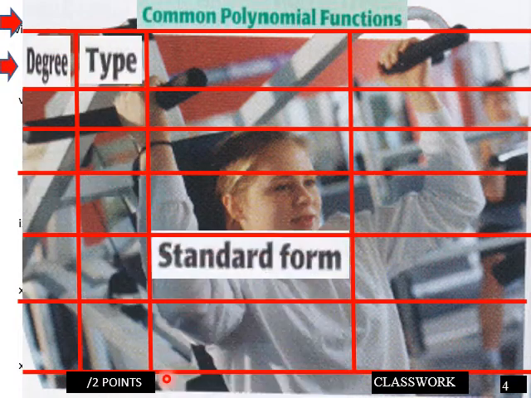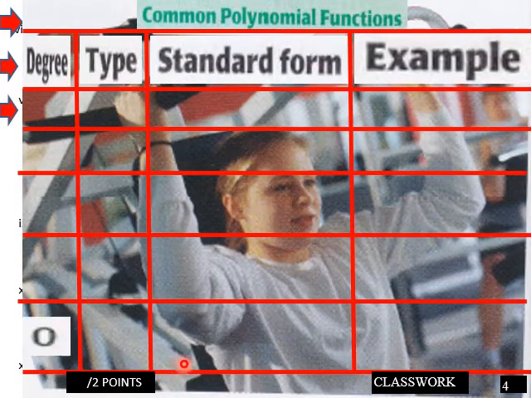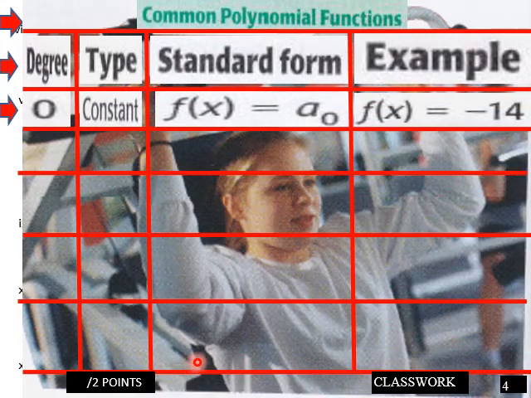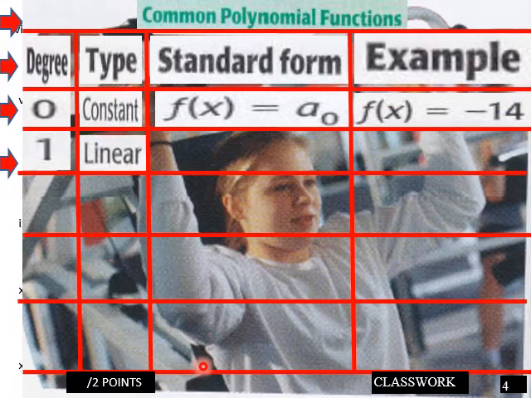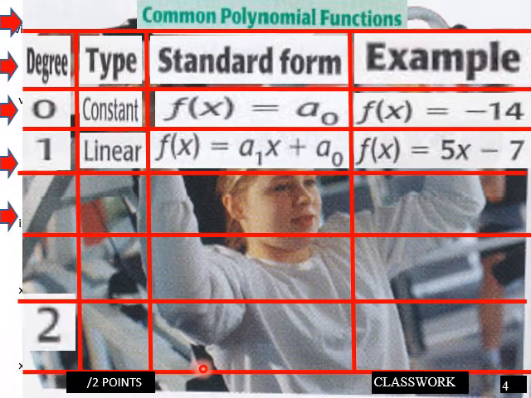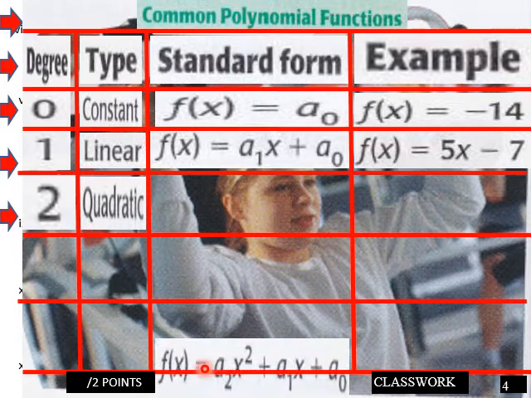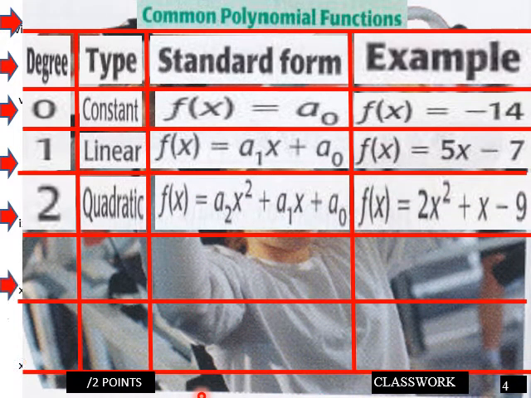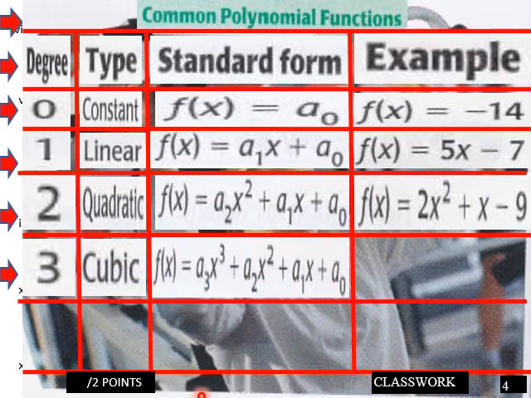Okay, common polynomial functions: degree, type, standard form, example. Degree 0 is a constant. First degree is linear, there's standard form, there's a linear function. Second degree is quadratic, standard form, there's an example.